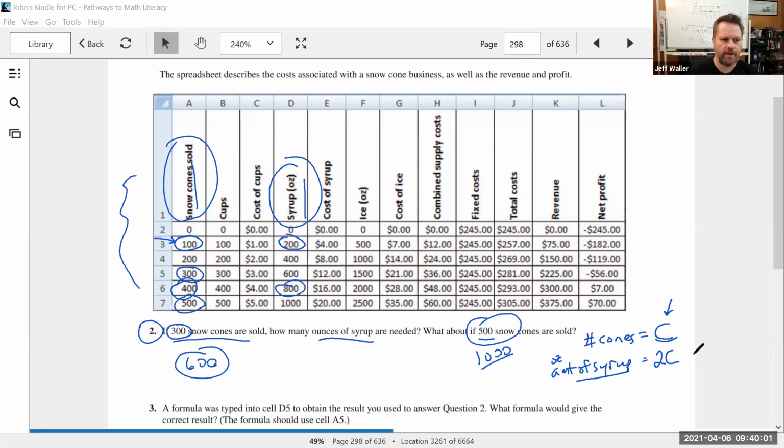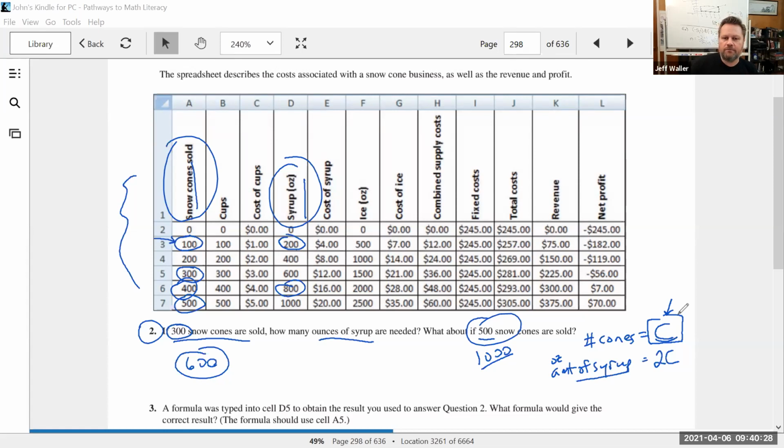I know we're not talking about anything overly exciting right now. Snow cones, whoop-de-doo. But this is the point of algebra. This is the point of algebra right here. Somebody's finally telling you the point of algebra. It is if I want to know in general what to do.